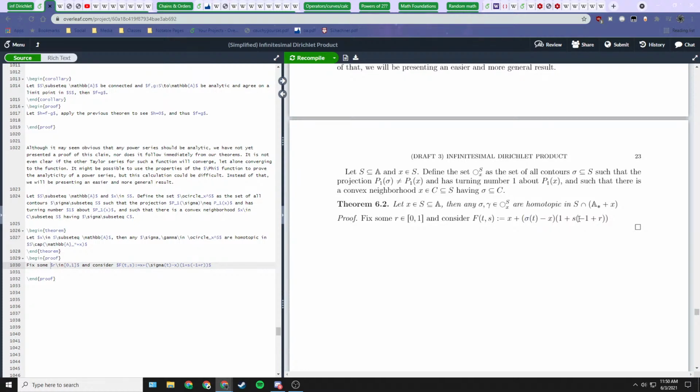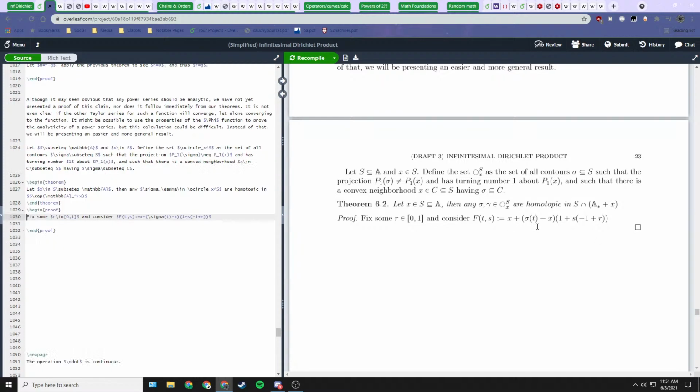And then for our actual curve, when s is 0, we want this to be sigma, so this will be 1 plus s times something. When s is 1, we'll have 1 minus 1 plus r, this will be r. So this will be x plus r times this whole thing. Okay, and I think this is good.